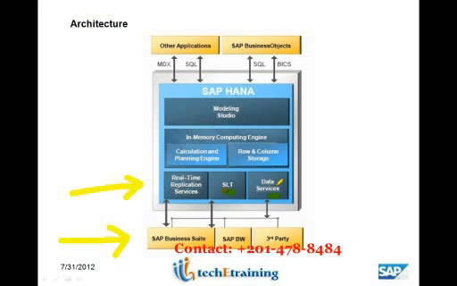Now, these three extractors have their own offerings: what kind of extraction they can handle, what kind of source systems they are able to extract the data from, what kind of transformation capabilities they have, and what are the targets that they can load to. So these are the different extractors.